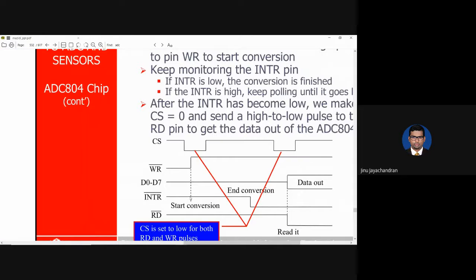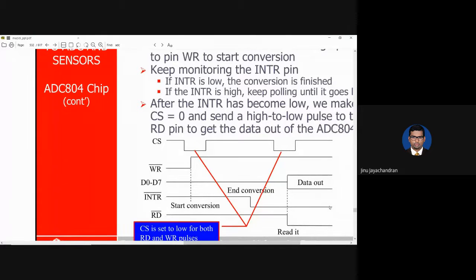So the conversion starts when write goes from low to high and chip select is low. The conversion has started here and ended here. You see that the interrupt pin, which was high during the conversion, has gone low. So when the interrupt pin has gone low, the conversion has ended.